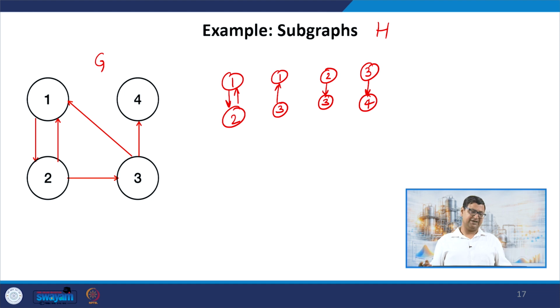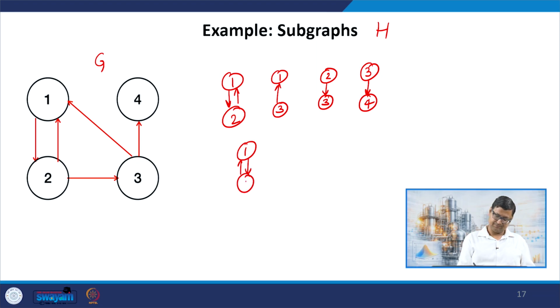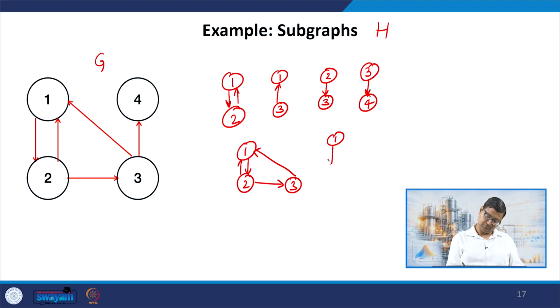So now let us look at 3 vertices. So we can take 1, 2 and 3. But I can also take 1, 2 and 4, but that is kind of not connected together because 2 and 4 are not connected.